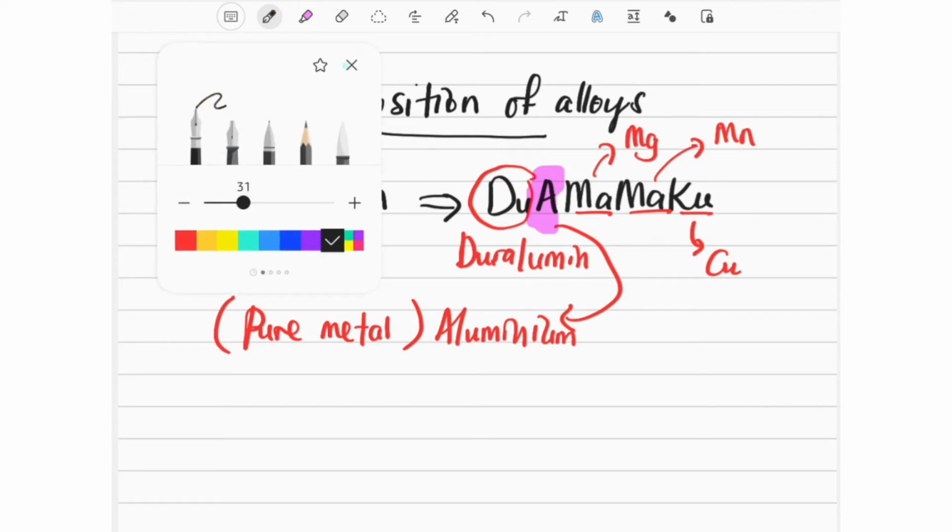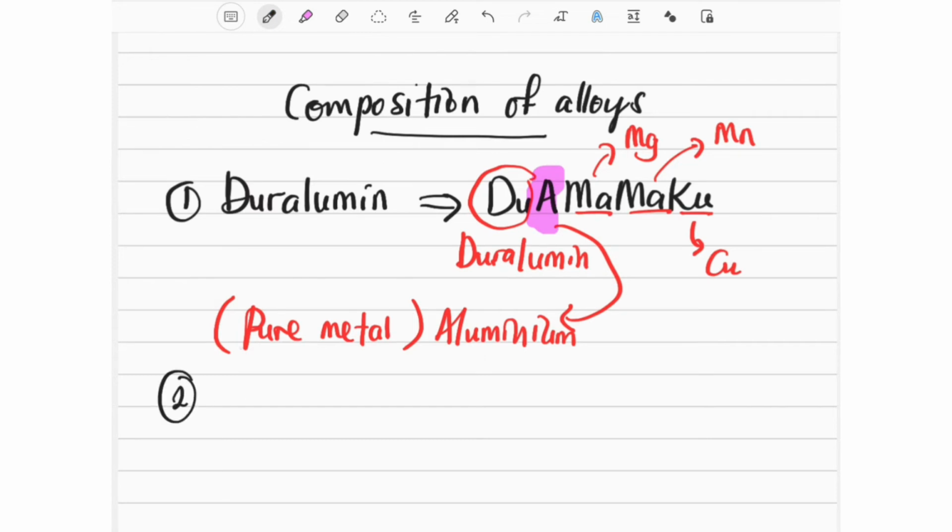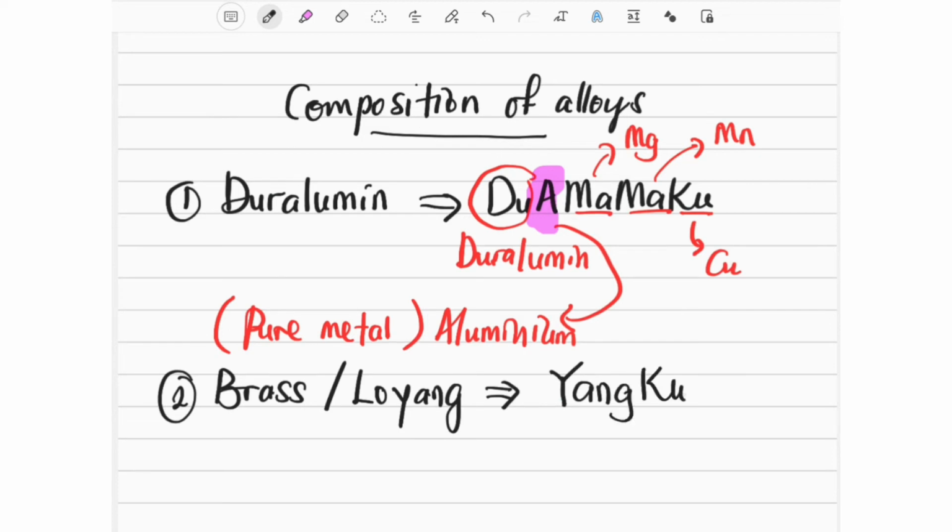Okay, number 2, you have brass. Loyang. Ingat Yang, Ku, Z. So yang ini dia punya alloy, loyang, brass.